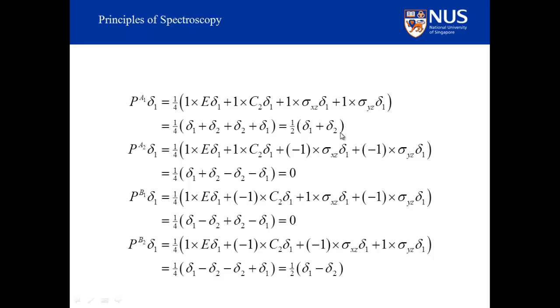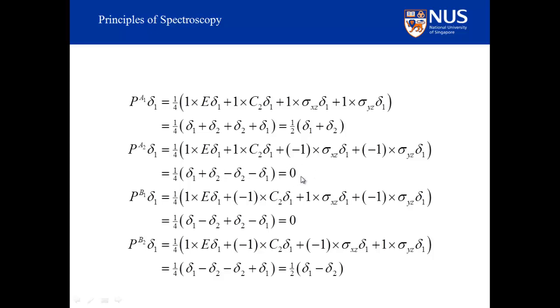This process is repeated for all the irreducible representations of the point group. Note that this process reveals that there are no linear combinations of our basis set delta 1, delta 2 that transform like A2 or B1. Notice that trying to project an A2 symmetry from the basis function delta 1 results in 0.